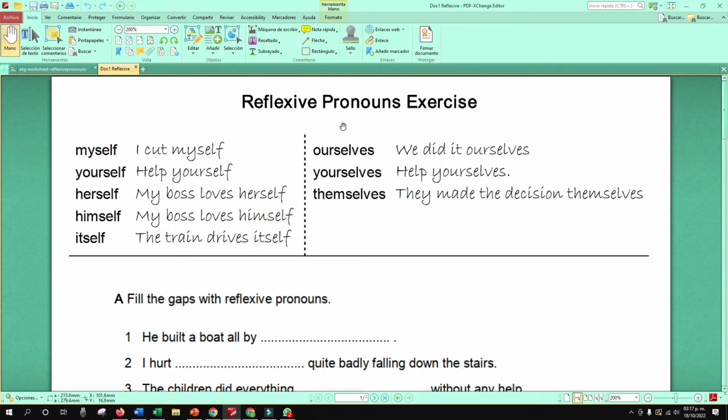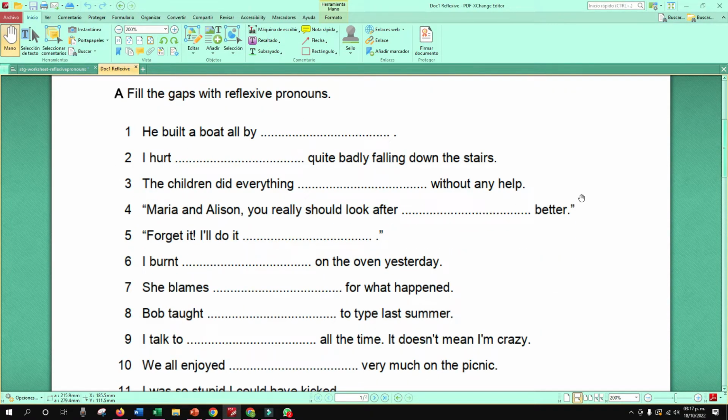Ourselves, these will be the plural form. We did it ourselves, yourselves, help yourselves, themselves, they made the decision themselves, right? So again, fill the gaps with the reflexive pronouns.